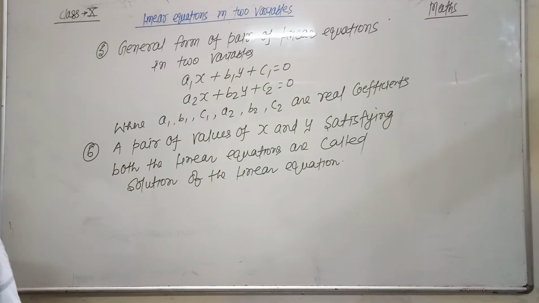If two equations are given in terms of a1x plus b1y plus c1 equals to 0 and a2x plus b2y plus c2 equals to 0, then we will solve both the equations, and the pair of values x and y obtained is the solution of the linear equations.